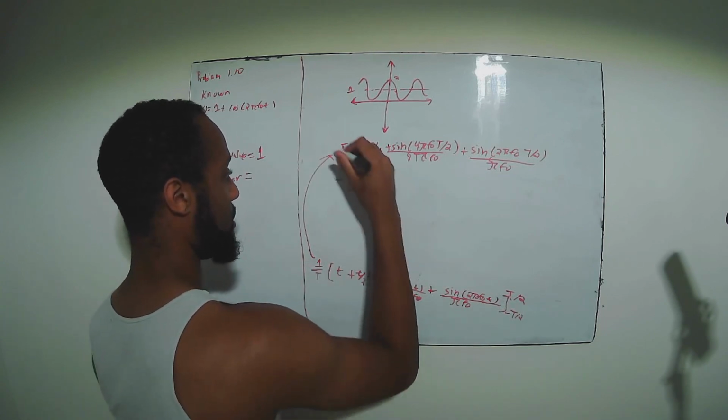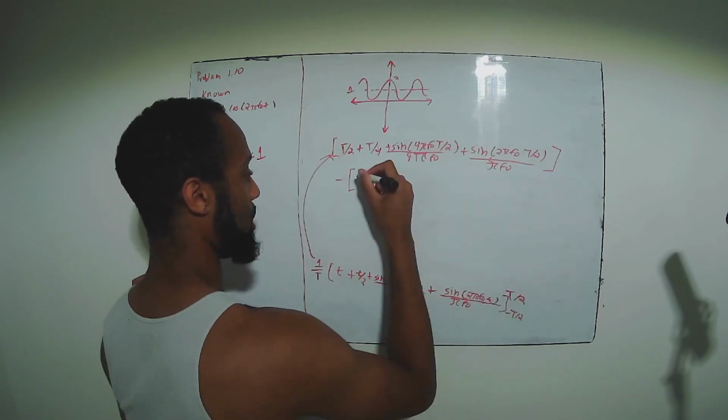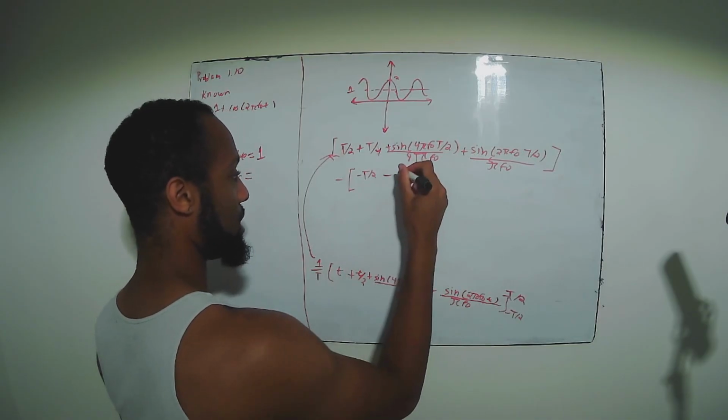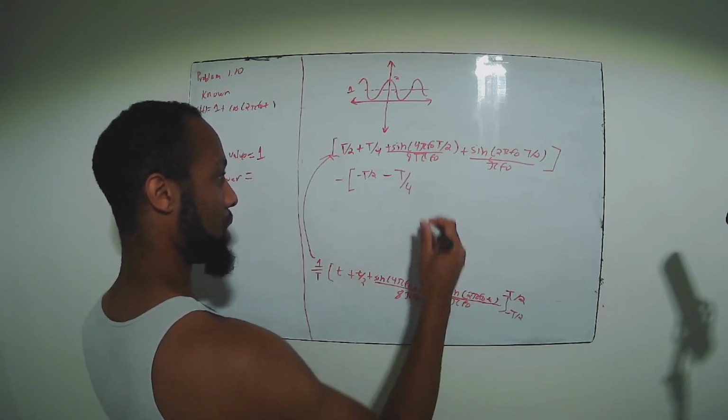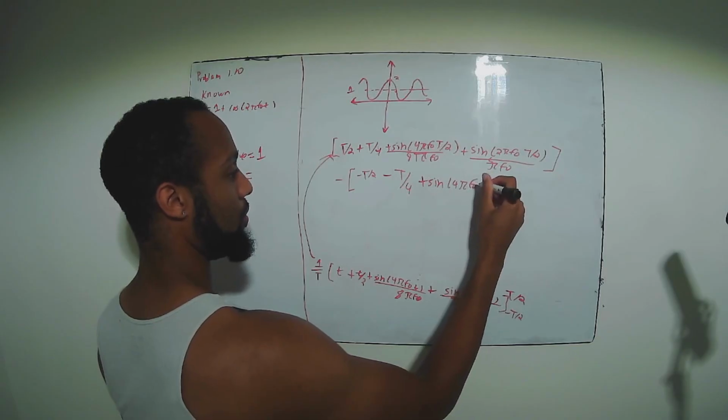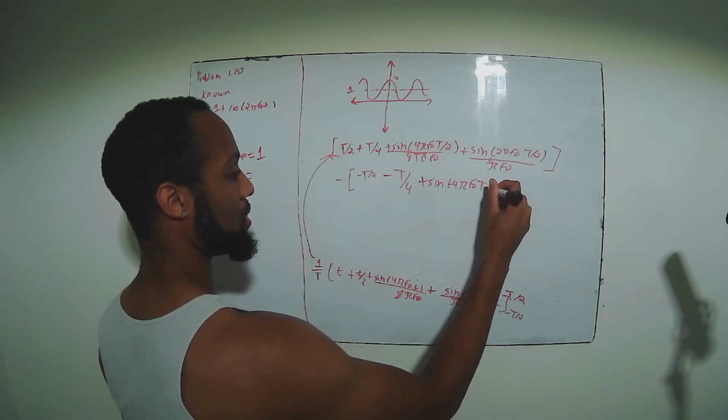Let's put these in brackets here. So just think minus T over 2, and then over here we have minus T over 4, and we have plus sine of 4 pi f naught times minus T over 2.